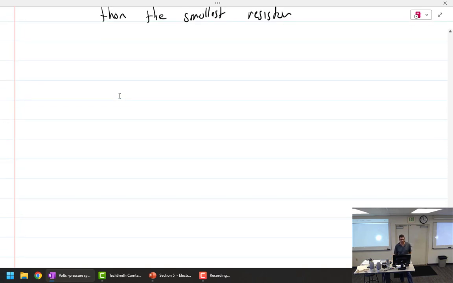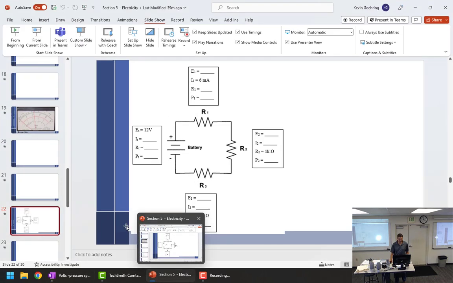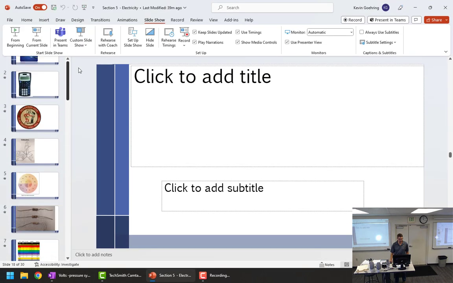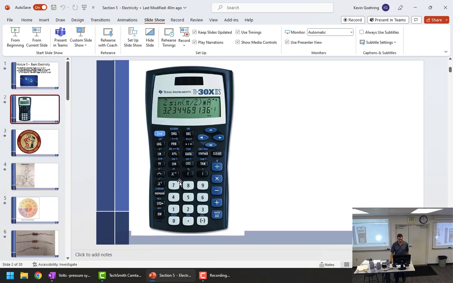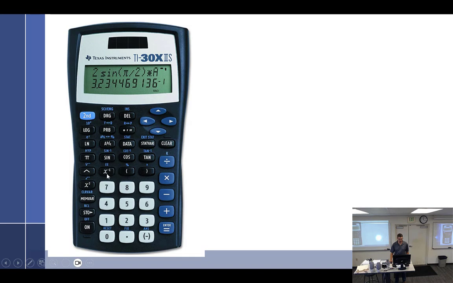Let's say we had 3 resistors in parallel, and I'll just make up some numbers. We have a 10 ohm, a 20 ohm, and a 30 ohm. What is the total resistance? The way you do this on your calculator is very simple. We are going to use the x minus 1 key. On some calculators, that is the same as the 1 over x.